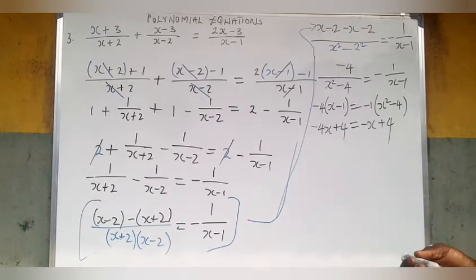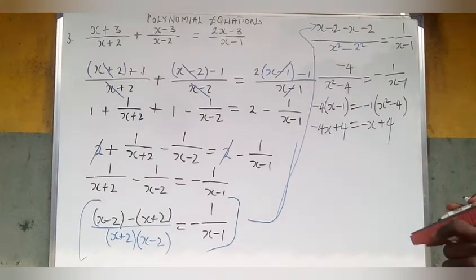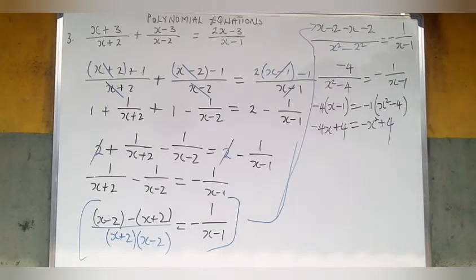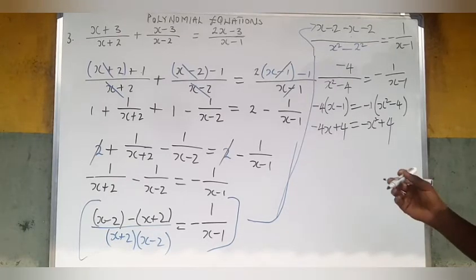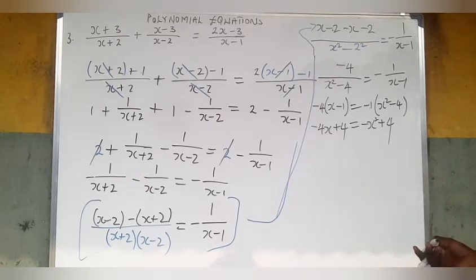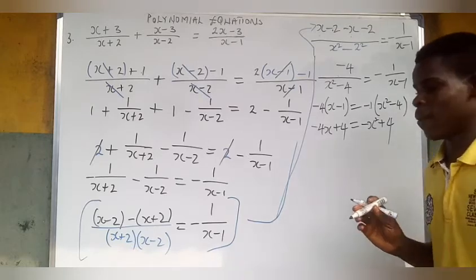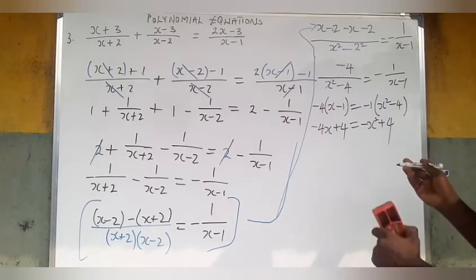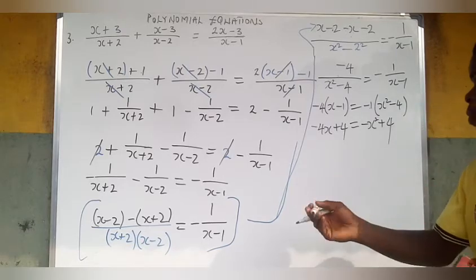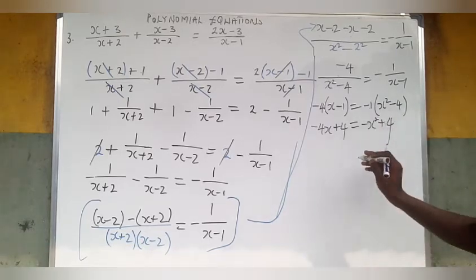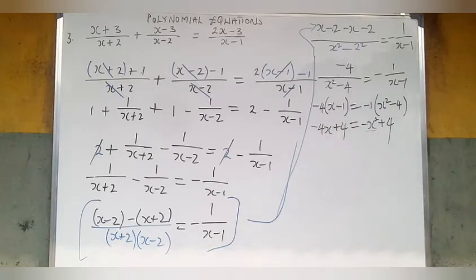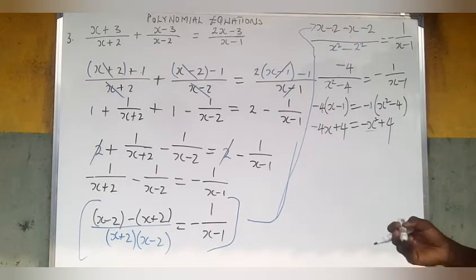Alright, we are almost there. And mind you, negative 1 times x squared is negative x squared. We are heading to the end. Now, let's rearrange in descending powers of x. Let's eliminate x squared here and make it appear on the left hand side, by adding x squared to both sides.